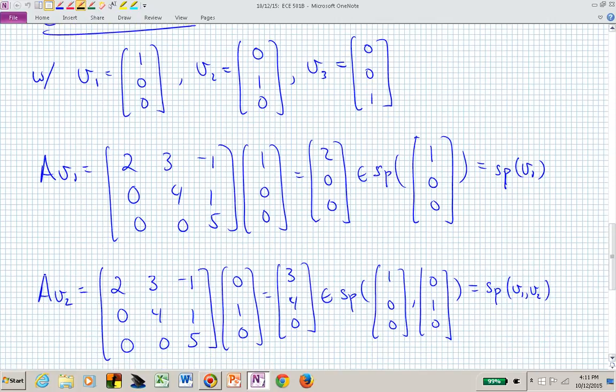Now if we operate on V sub 2, which is the y-axis, now what happens? What's one way of describing that? If we start in y, where do we end up, or at least remain? Do we stay in y?